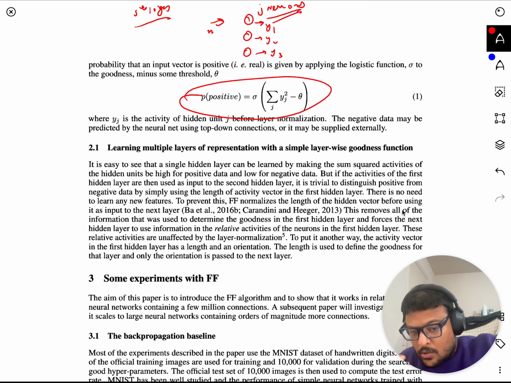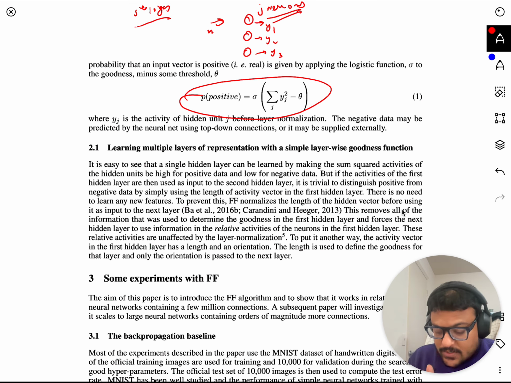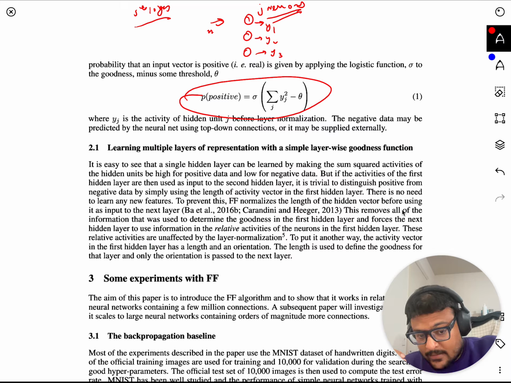So basically, you are outputting a lot of activations in this layer, corresponding to each neuron. What you want is that the sum of the squares of these activities should be pretty high if it is a positive sample, and pretty low if it is a negative sample. That's what this equation is essentially doing.